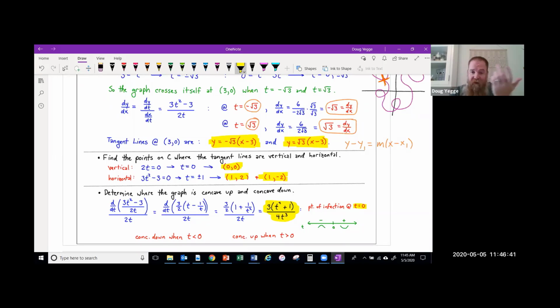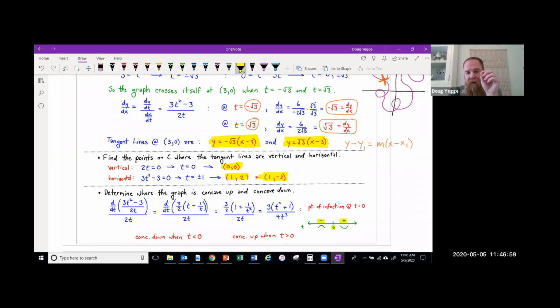Just like from Calc 1, to determine concavity we look at the points of inflection and then see whether the second derivative is positive or negative. Wherever it's positive is concave up, so it's concave up when t is greater than 0 and concave down when t is less than 0.